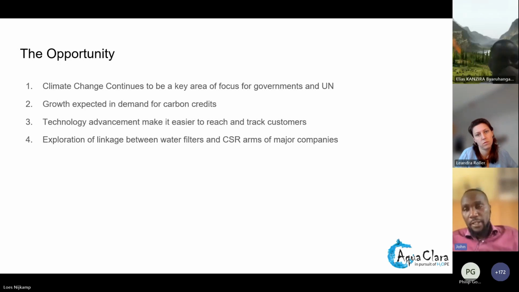Is there openness from our financial institutions to look beyond the typical collateral and opportunities we look for, and start looking at carbon credits as one way to de-risk loans to enterprises, which can enable us to accelerate and grow even faster and further than we are doing? So let me leave it at that. I don't want to talk too long, as I tend to. So back to you, Leandro.